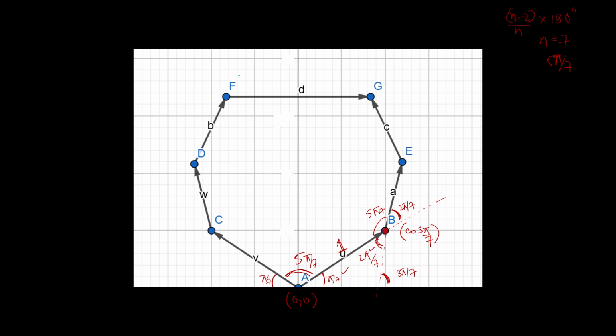So BE makes an angle 3 pi by 7 with the x-axis. Hence this x coordinate is nothing but cos 3 pi by 7, and the y coordinate is sin 3 pi by 7.